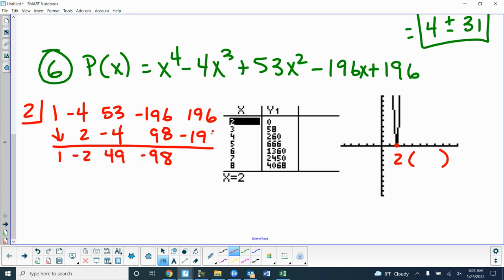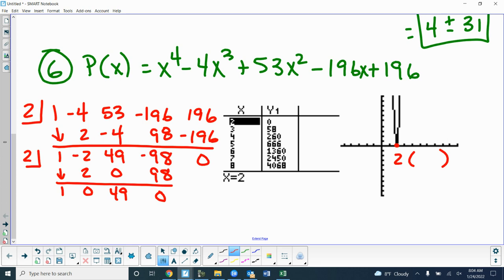So it's negative 196. So again, we knew that was going to happen, right? Because the calculator told us 2 works. And since it bounces, we know it works at least another time. 2 times 1 is 2, is 0. 2 times 0 is 0, 49. 2 times 49 is 98. And then 0. If I try to do it a third time, you'll see that it doesn't work.